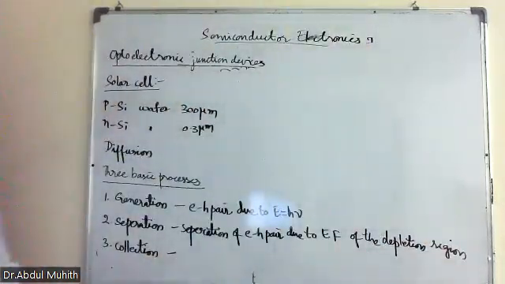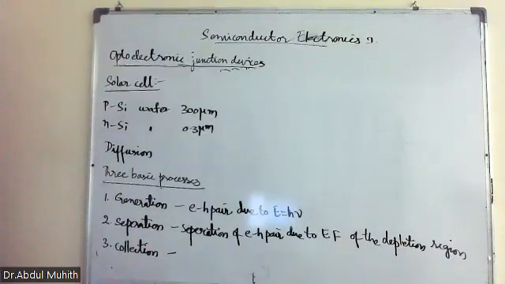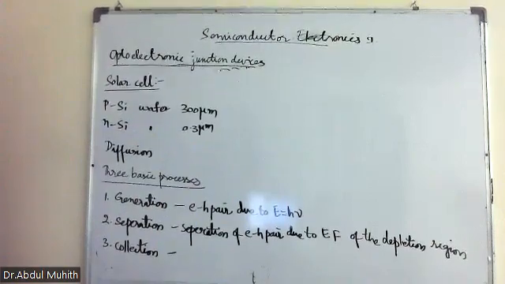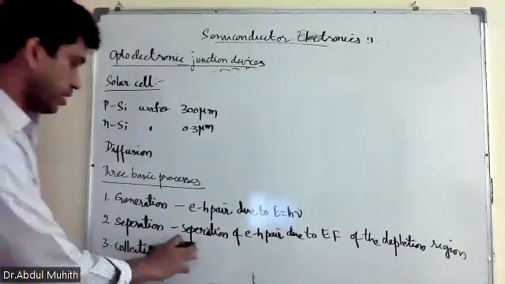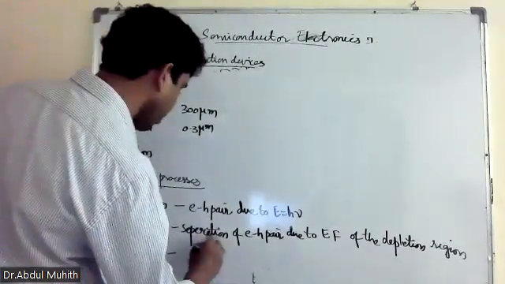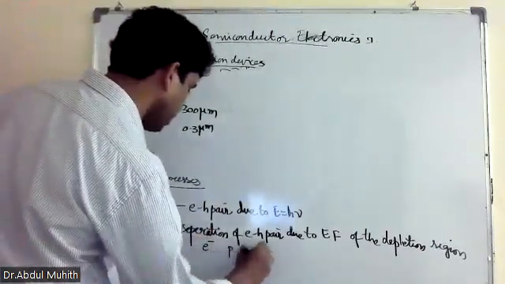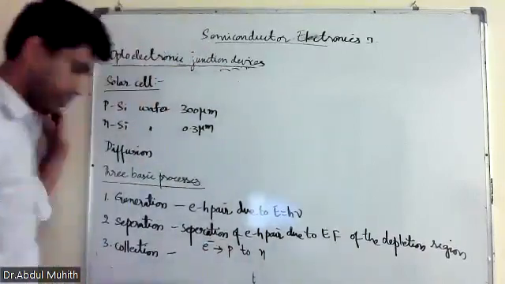Third one is said to be collection. So in collection, what will happen now? The electrons are swept from the p side to the n side. Here in this case, electrons will move from where? P to n. Electrons are moving from P to n.